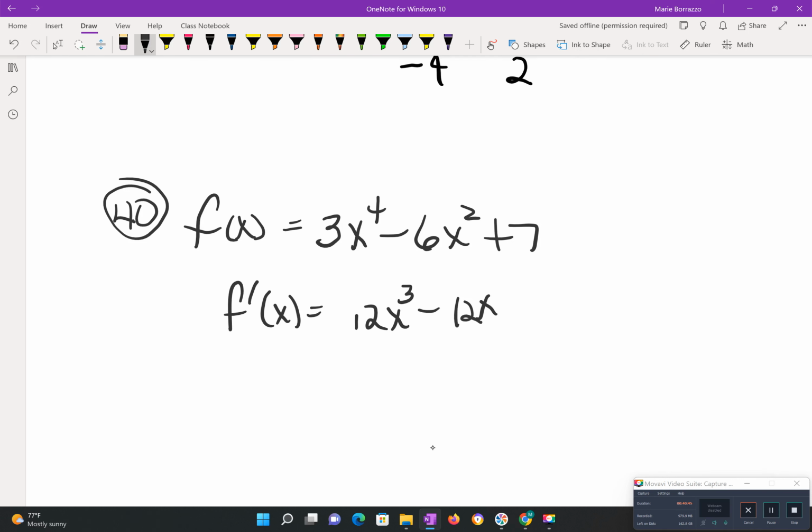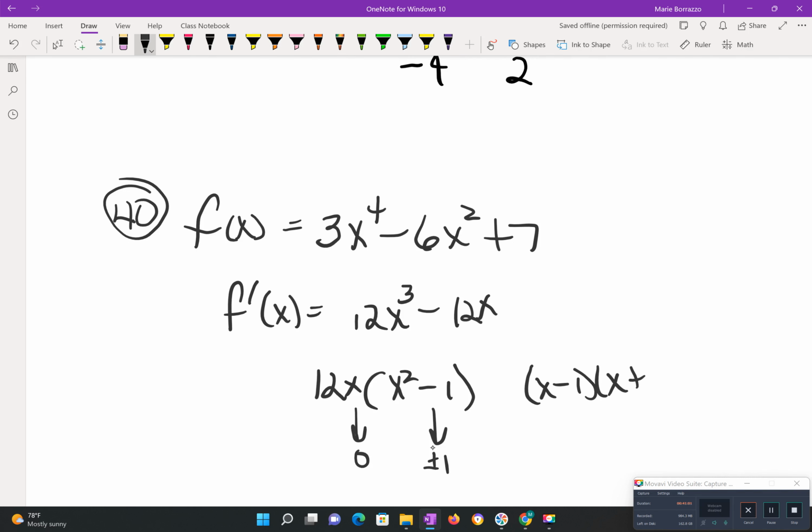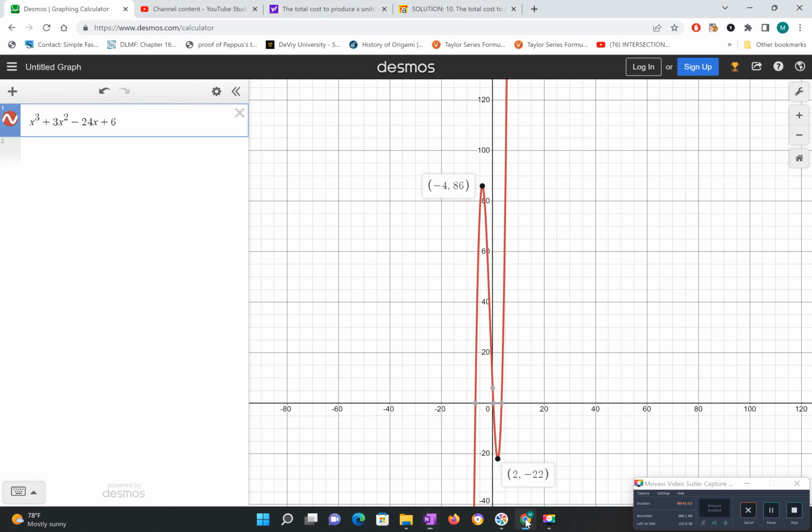So once again, look at what's happening. I'm factoring out 12x, so that question is revisited. Here's x squared minus 1. So there's your zeros, here's 0. And this gives us plus or minus 1 because, again, just to remind you, this is x minus 1 times x plus 1. So factors are positive 1, negative 1. And if I graph this, let's go back and graph the original.